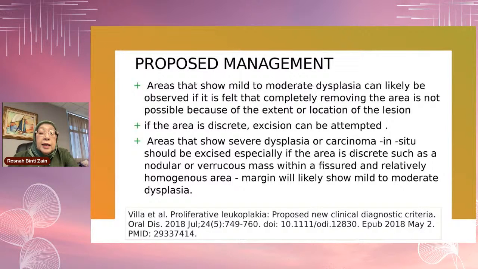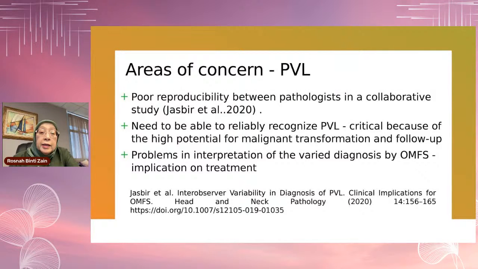So these are sort of things that were published by Villa et al. in 2018. Again, there may be more publications. I've seen more publications, but I'm unable to summarize and put them here. Next.